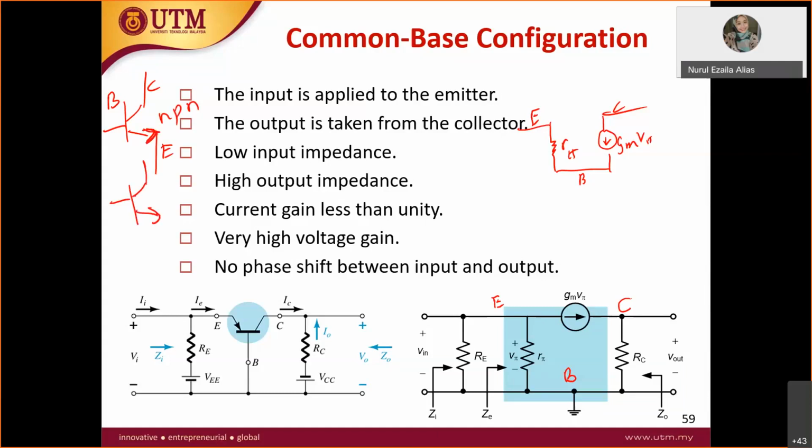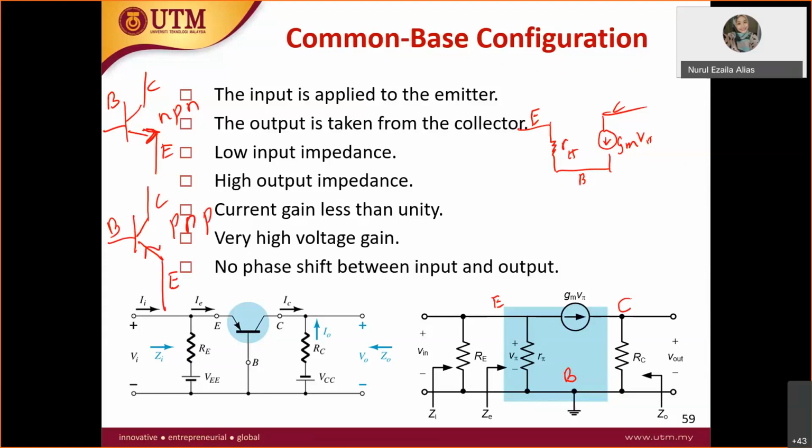But when we have another one, I draw it a little bit down here, you have base, collector, this is emitter. So this one is PNP.